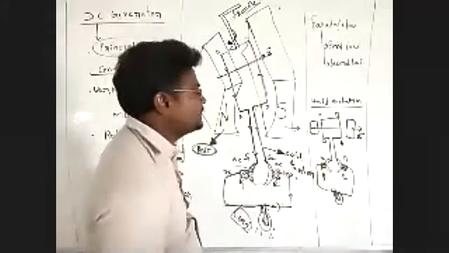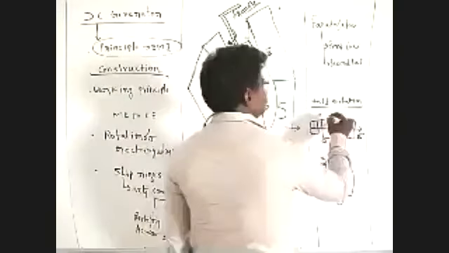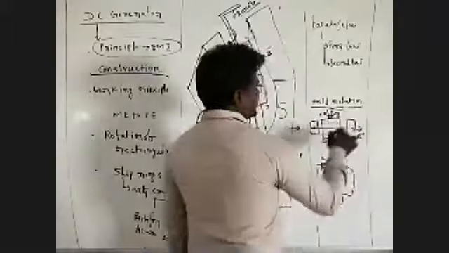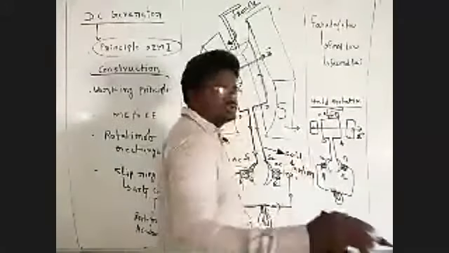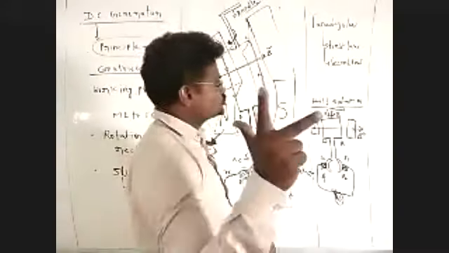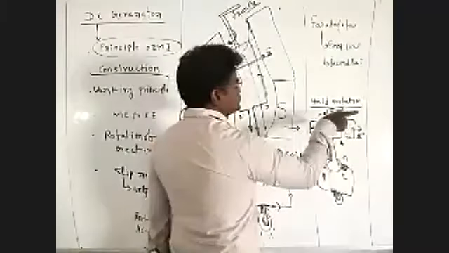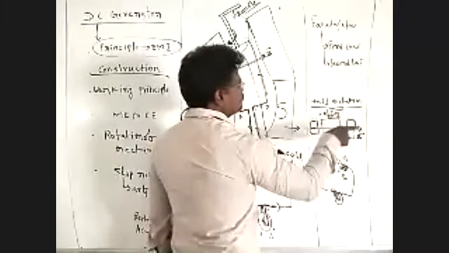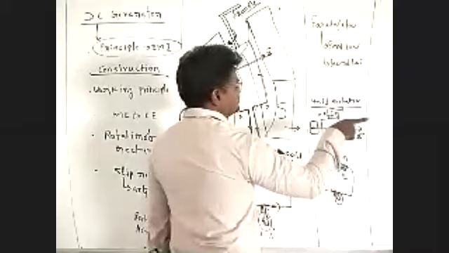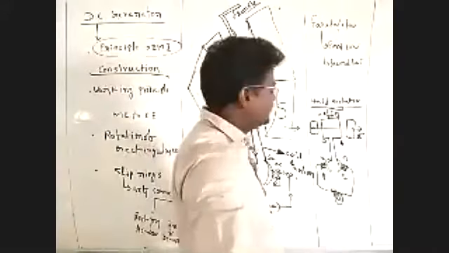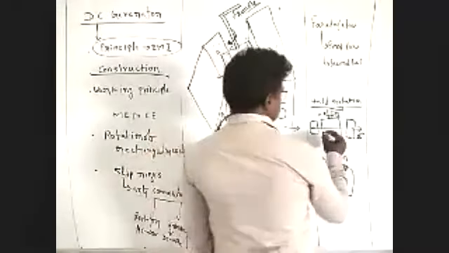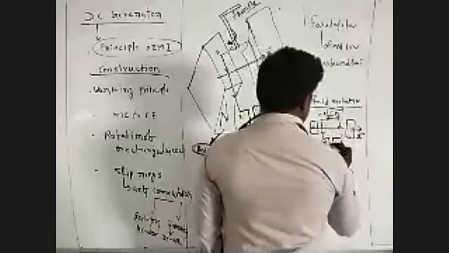So what will happen? The conductor moves in a clockwise direction. Again CD moves downward. By Fleming's right hand rule, the field is from north to south and the motion is downward, so the induced EMF is in the downward direction. This is the direction of current.